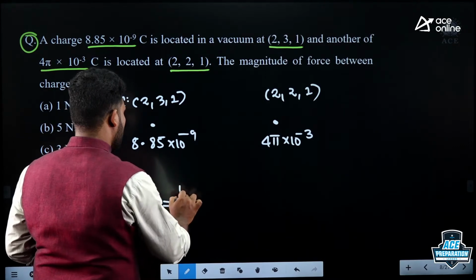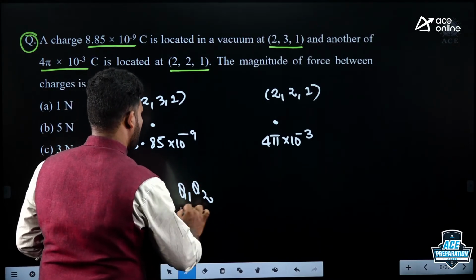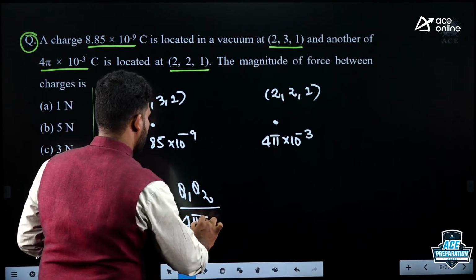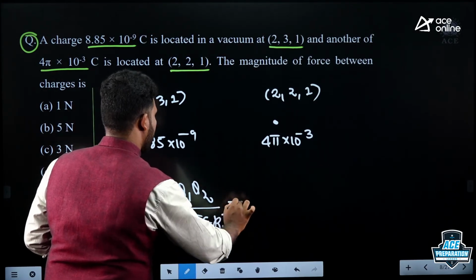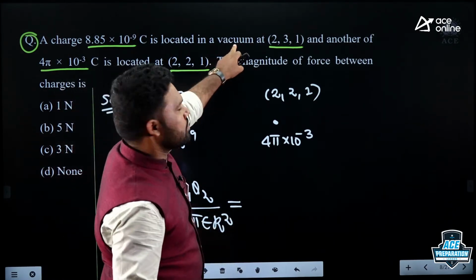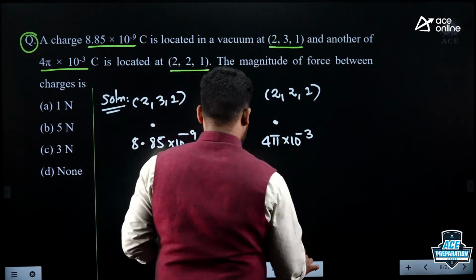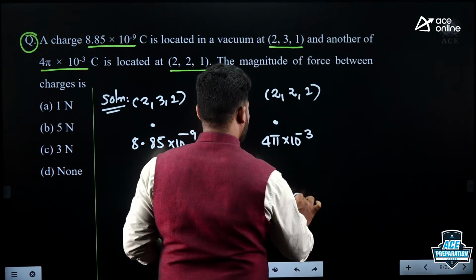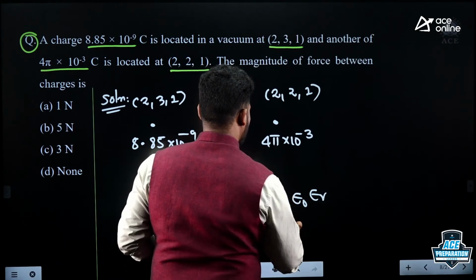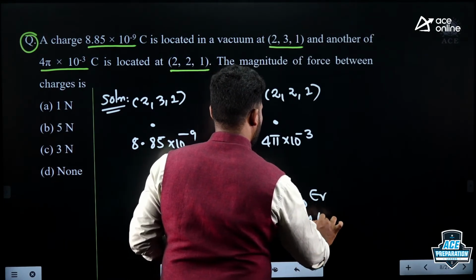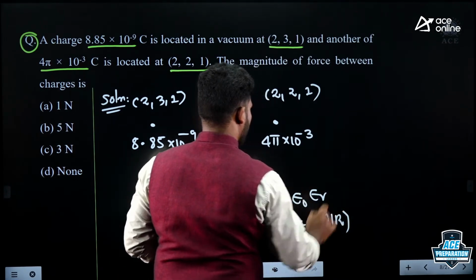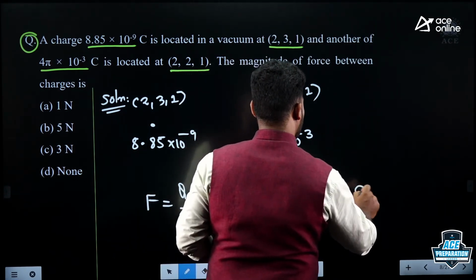Which is given by Q1 into Q2 divided by 4 pi epsilon into R square. It is said for the vacuum, that means for the air. For the air, what happens? We know that epsilon is equal to epsilon naught epsilon R. For the air, epsilon R is equal to 1, which is equal to epsilon naught.